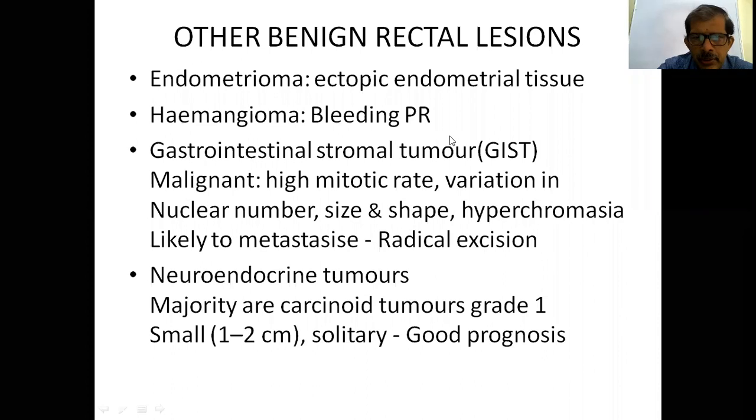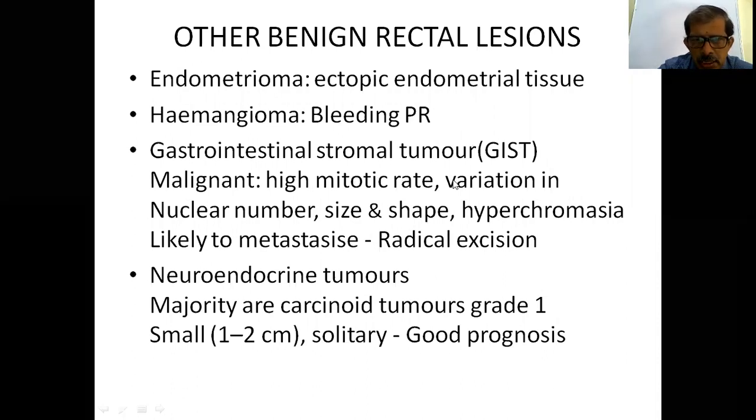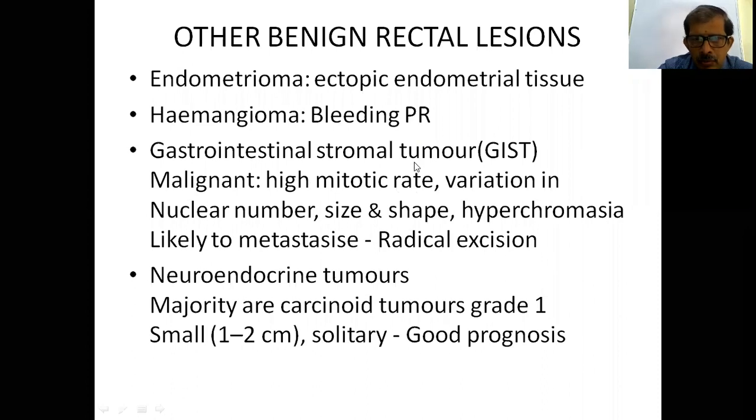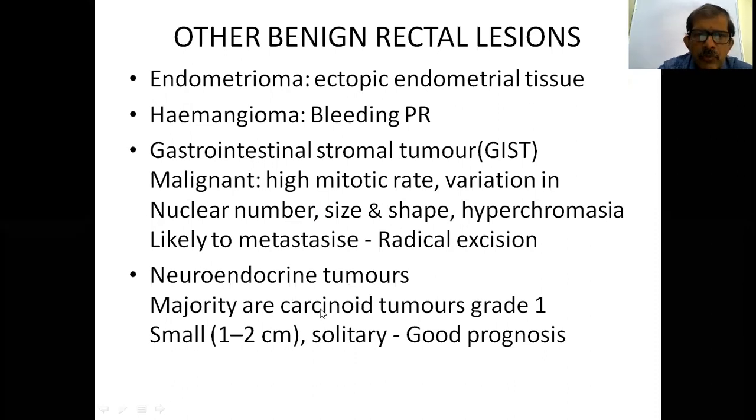The malignant potential of GIST depends on the mitotic rate, which should be more than 10 per high power field, and the size of the tumor is also very important, anything more than 5 centimeters. Then neuroendocrine tumors, carcinoid is also common in addition to the appendix. It is also seen in the rectum.